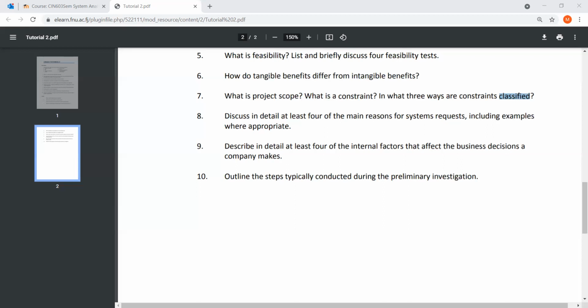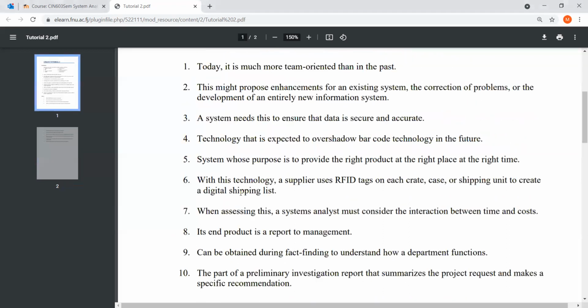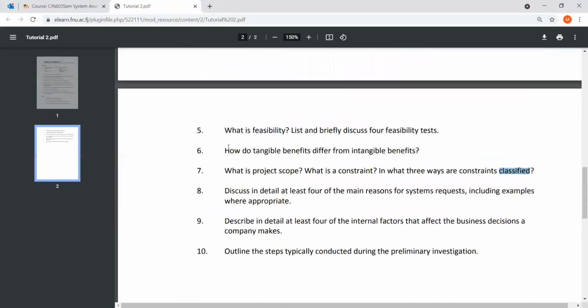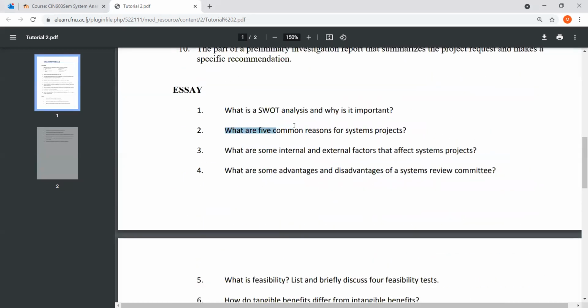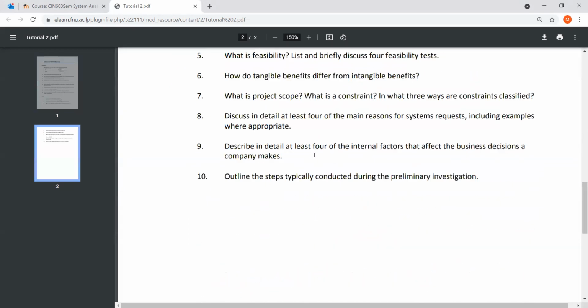All right, question number 8. Discuss in detail at least 4 of the main reasons for systems requests, including examples where applicable. This was basically question number 2. What we're doing here is just describing them. First of all, improved service.